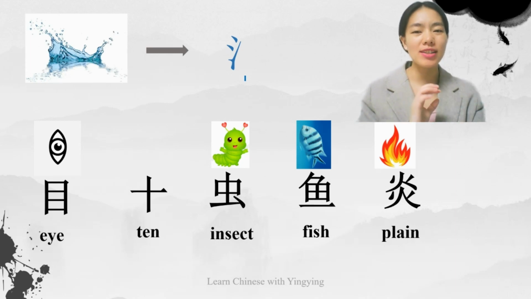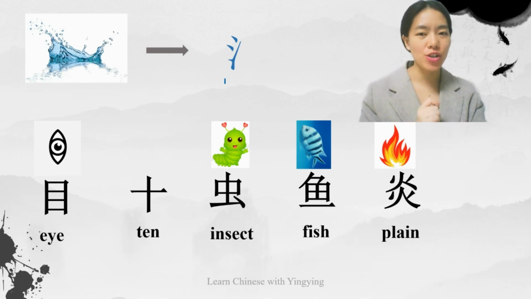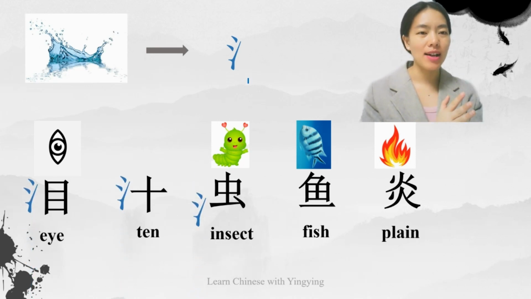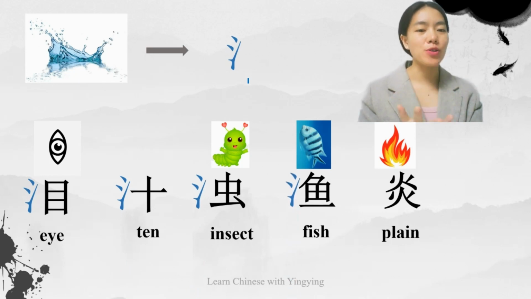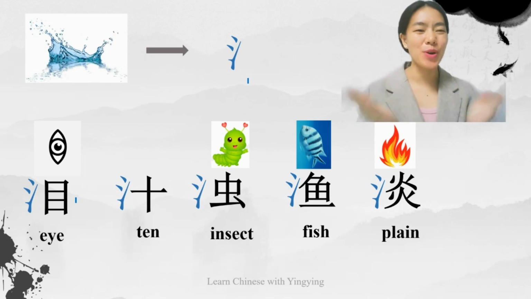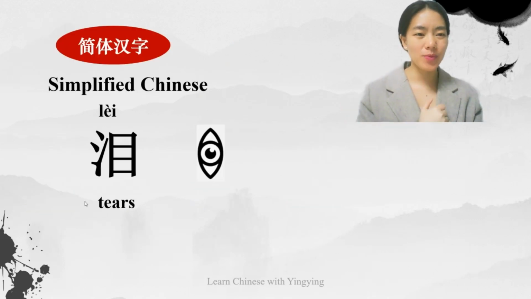And today, we just need to learn this character, water, and combine water with each individual one. And you will remember 5 new words. And the meaning of each word is just the combination of the radical water with each individual one. Let's dive in. You will know what I'm talking about.